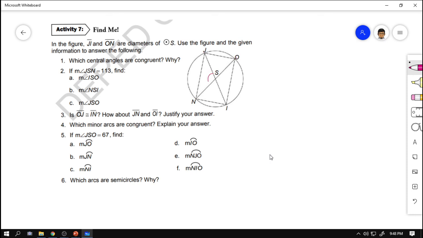Kung ito daw ay 130, ilan ang sukat ni ISO? Ni NSI, at saka si JSO. Ulitin ko, kung sukat ang hinahanap, ang kulong mo dyan ay ang diameter. Pag may diameter, may semicircle. Ang semicircle, 180. So, answer activity 7.